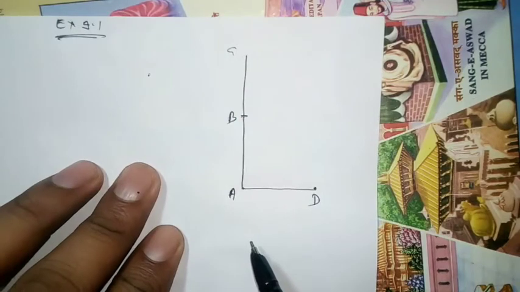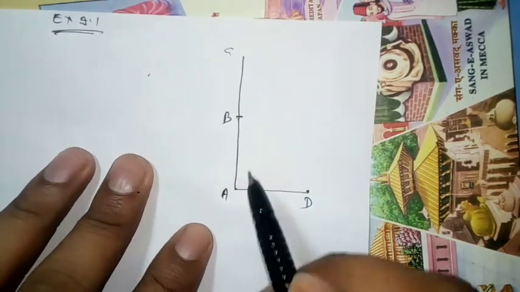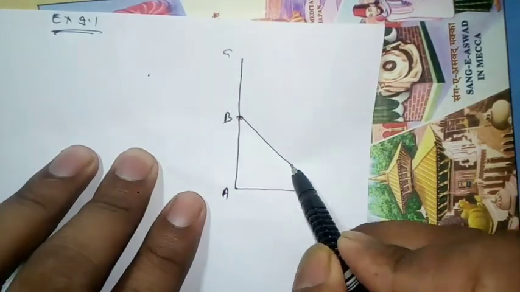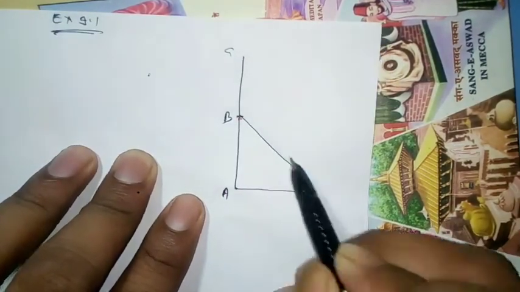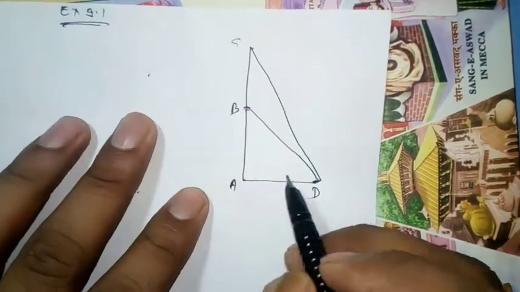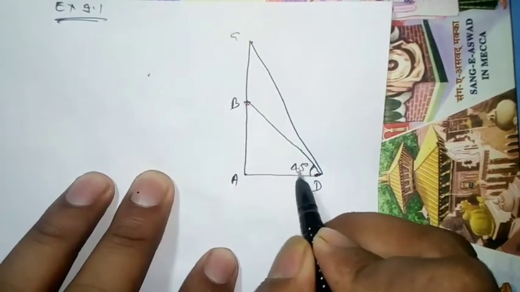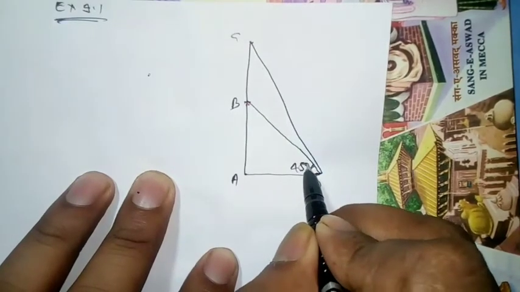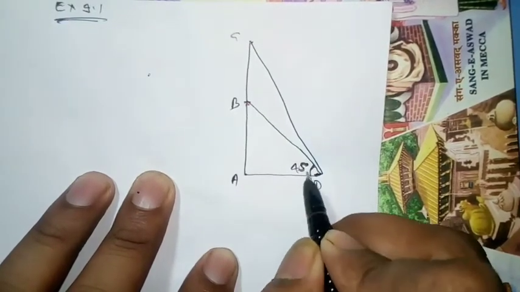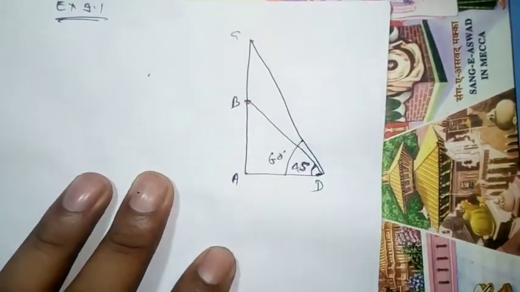The angle of elevation from the point to the bottom of the transmission tower is 45 degrees, and the angle of elevation to the top of the transmission tower is 60 degrees.